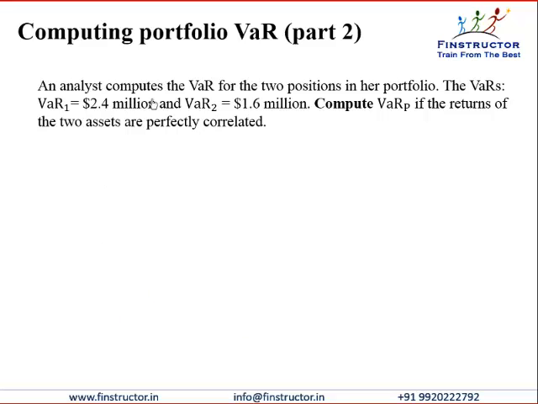Similarly, the analyst computes the VaR for the two positions in a portfolio, VaRs are the same. The returns now are perfectly correlated, or the correlation is equal to 1. So in the same manner, 2.4 square plus 1.6 square plus 2 into the correlation, that is 1, into 2.4 into 1.6.